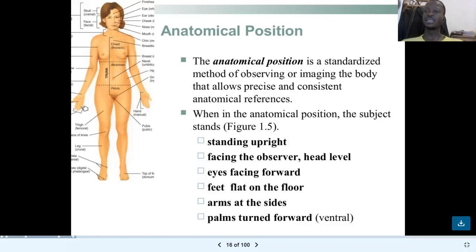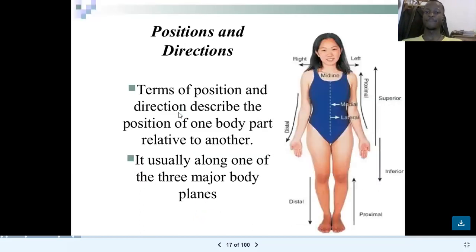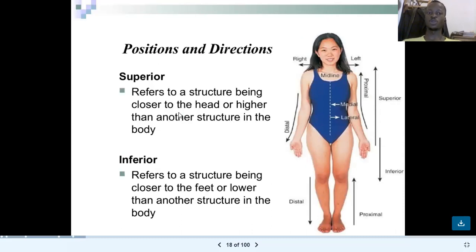Because if you turn those palms, right, that becomes disrupted, or it ceases to make sense, or it changes from the normal anatomy that you describe, right? And the positions of the body and the movements are usually along one of the three major body planes, which I will show shortly, right?